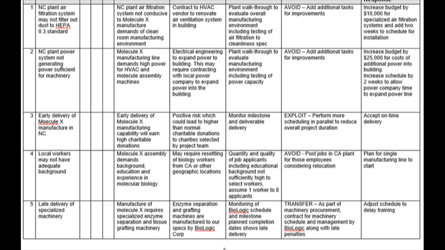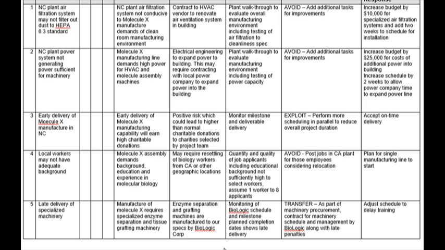The description of the risk, the plant air filtration system is not conducive to the molecule X manufacture. And the effect of the risk is we'll have to contract with an HVAC vendor to renovate the air filtration system in the building. The building was not originally built to handle clean room or a high specification filtration.